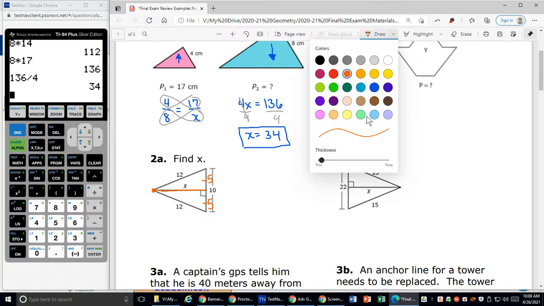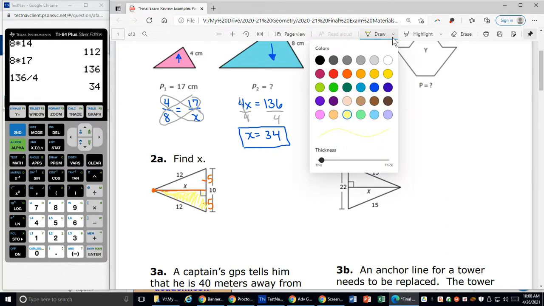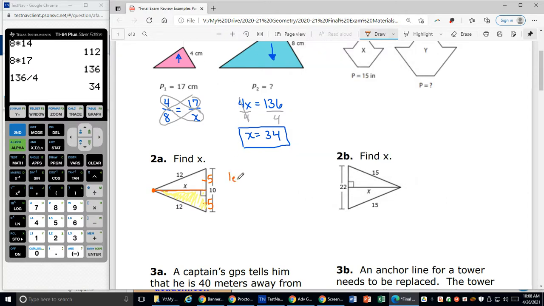Once I do that, my focus changes to just one side of the triangle because I can see it is a little right triangle where I'm trying to find a leg. And when I'm trying to find a leg, I am going to take the square root of the hypotenuse squared minus the leg squared.